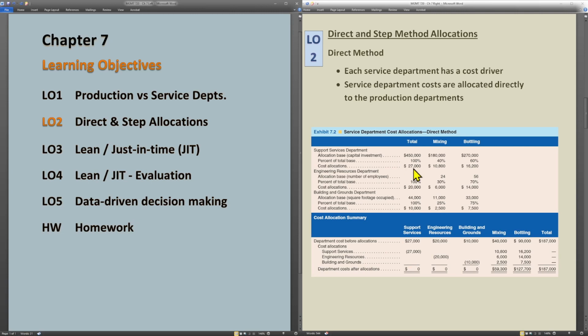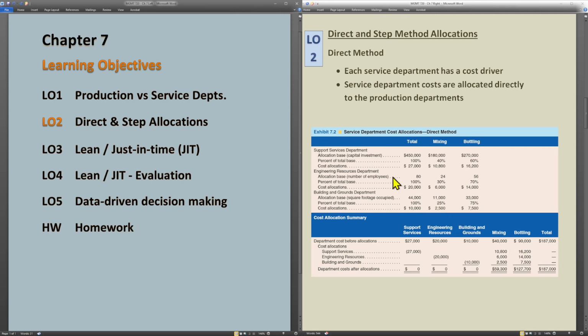And so we're going to allocate the $27,000 of cost on a 40-60 split. And that's where we get the $10,800 and the $16,200. So you see here, support services is done according to this allocation. It is a 40-60 split, and therefore the $27,000 gets allocated on a 40-60 split.